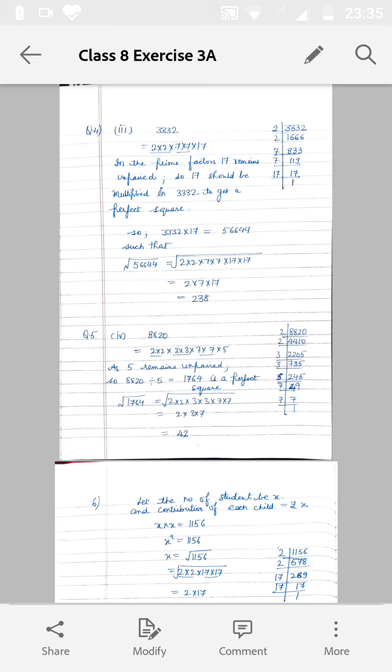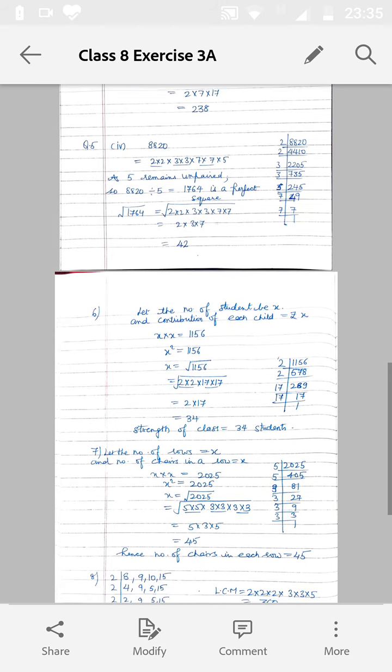I found that it gives 2 into 2, 7 into 7 and 7 into 17, where 17 remains unpaired. So 17 should be multiplied to the given number to get a perfect square. So I have multiplied it. I got 56,644, which is the perfect square of 238. Further, I have solved it for you. You can make use of this also.